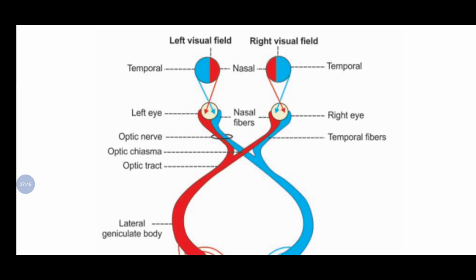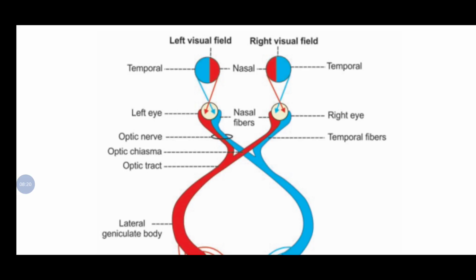If we talk about the right eye, then blue is the temporal fibers. So this is continuing into the same side, it continues. Okay, it is not crisscrossing. Here the red portion, okay, so the fibers of the optic nerve originating in the temporal half of the retina continue in the optic tract of the same side, but those originating in the nasal side cross over to the contralateral optic tract.